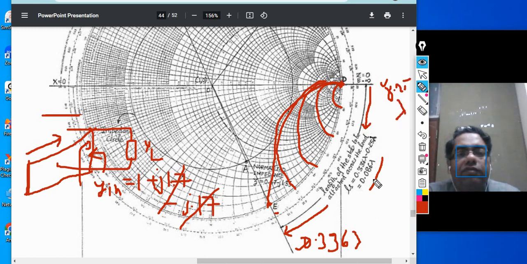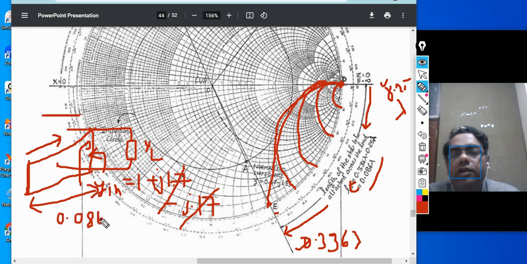So this difference is 0.086 lambda. So this is actually LT. So 0.086 lambda is the length of the stub. So that is how we found out both the distance and the length.